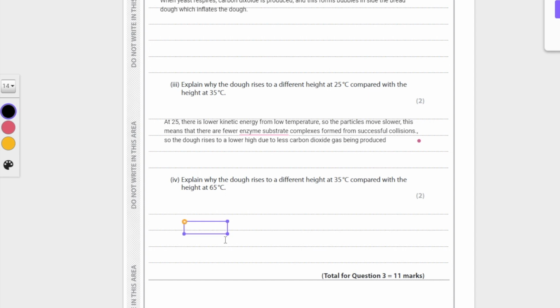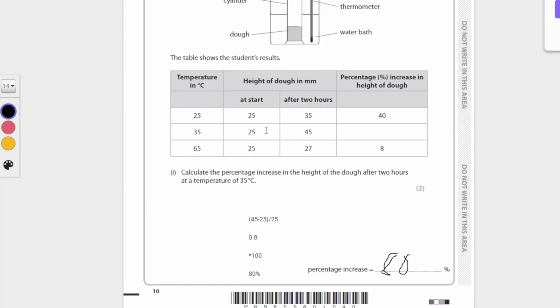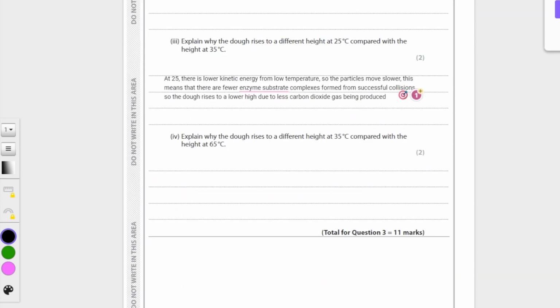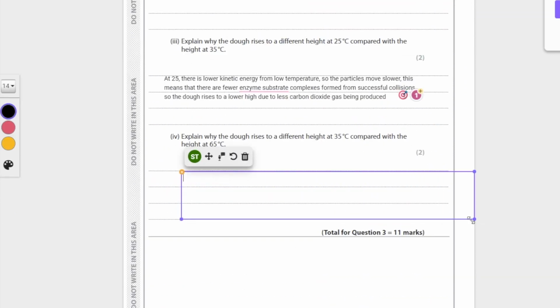And another thing, 65. We can see at 65, instead of what we'd expect, we'd expected it to increase a lot, because it goes from 40 to 80 and then goes to 8. So when the rate of reaction suddenly drops, we know that the enzymes are denatured. So at 65 degrees, the enzymes are denatured, so the substrate can't fit into the active site due to a change in shape of the active site.